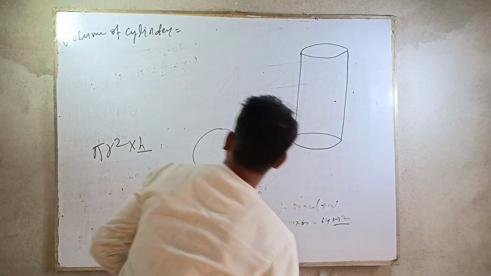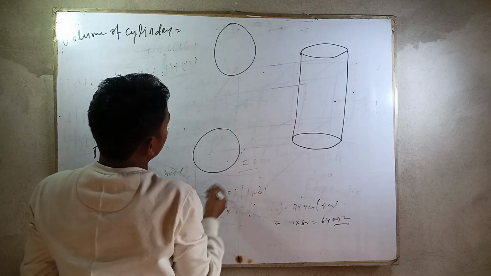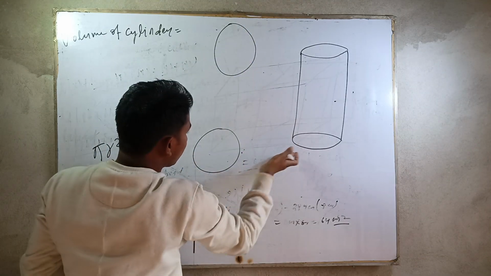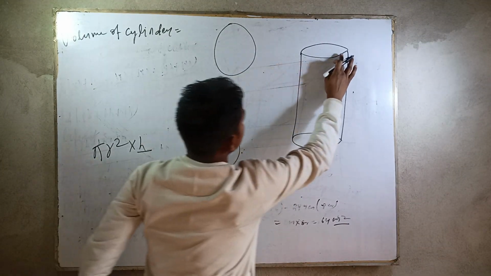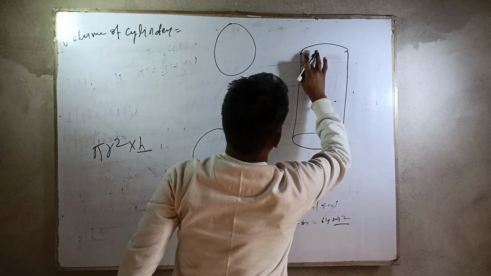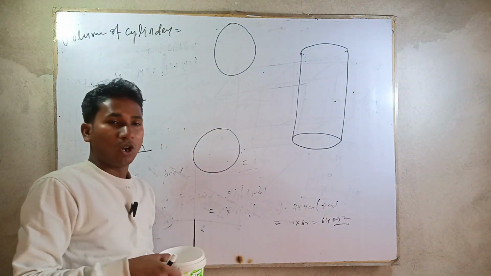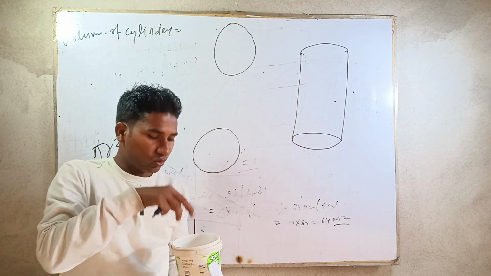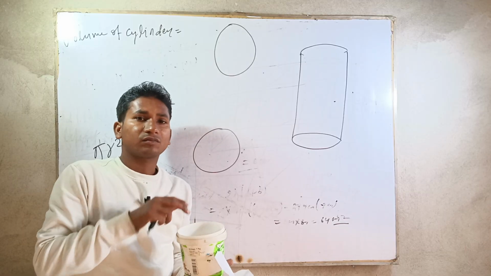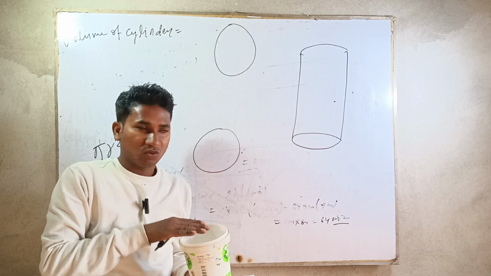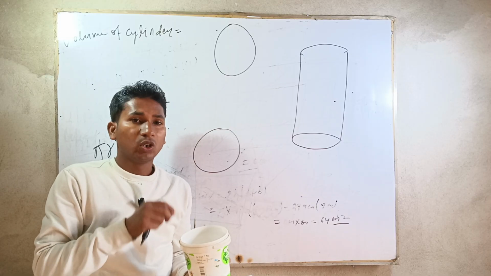So one is an upper part circle, and next one is a down part circle, like I have cut this, and it will be in this form. So I say that volume means how much water can be stored in the pot, in this bucket. So this one is capacity, the holding capacity of anything, that is called volume.